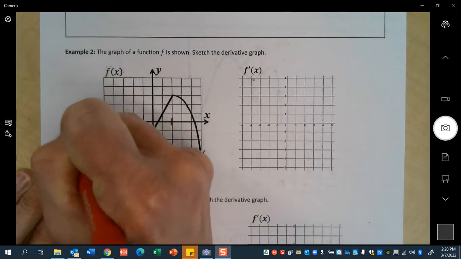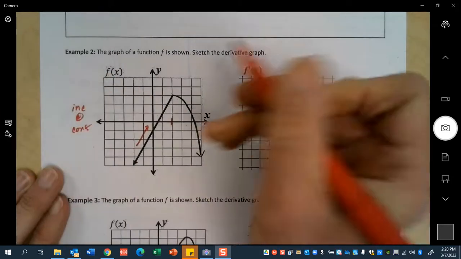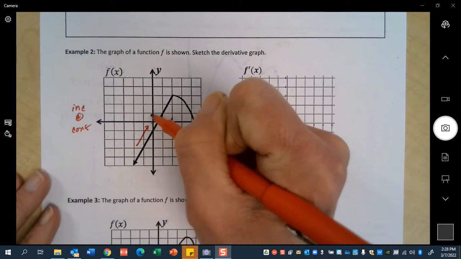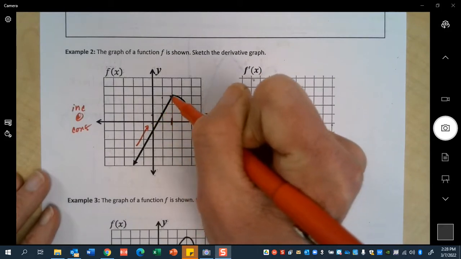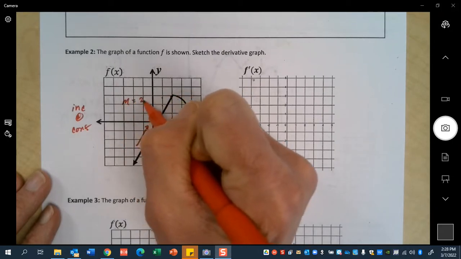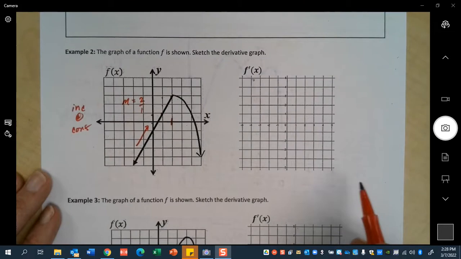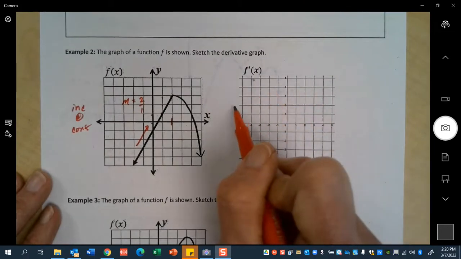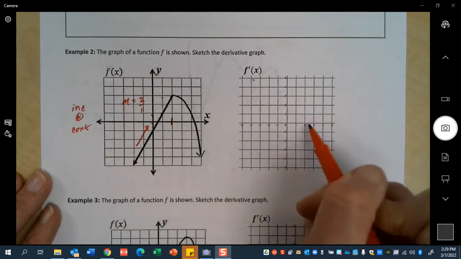Yeah, it's increasing at a constant rate. So that slope looks like it's rise 2, run 1, rise 2, run 1.